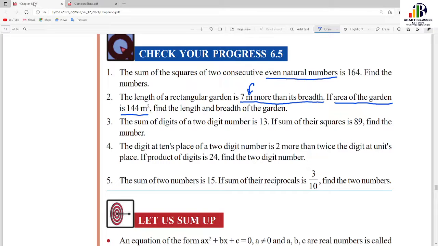If the product of digits is 24, find the two-digit number. Here also we are going to find a two-digit number, but here it is specifically given that the digit at tens place of a two-digit number is 2 more than twice the digit at units place.